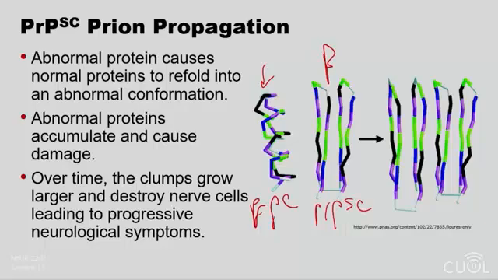That abnormal, mutated protein will start to convert other proteins into their misfolded shape. They get stuck in that misfolded shape, and then that's it. The proteins accumulate, they start to kill off neurons, and then they lead to neurological symptoms like motor deficits or insomnia or whatever it is.